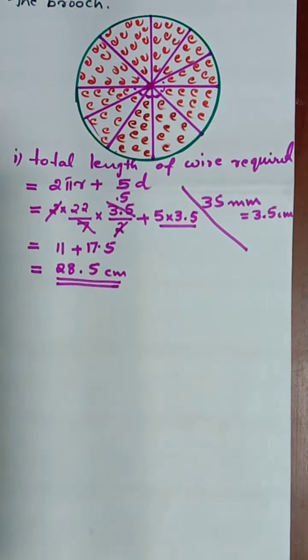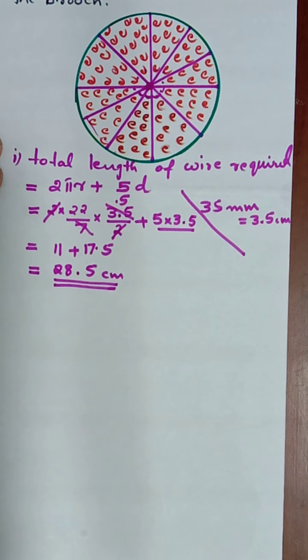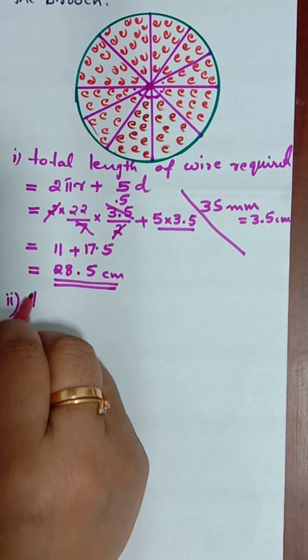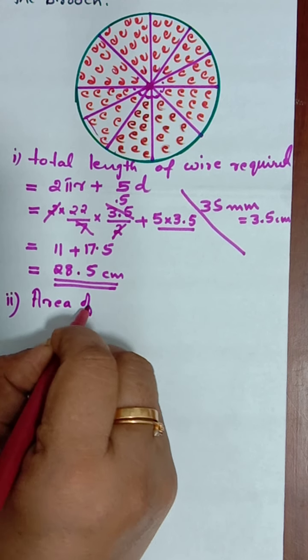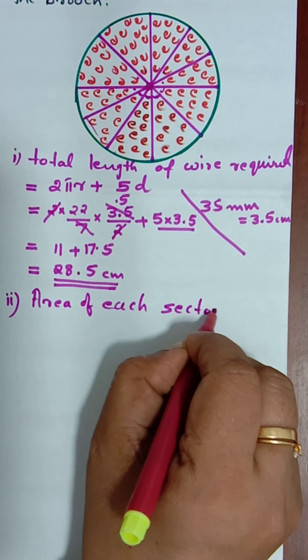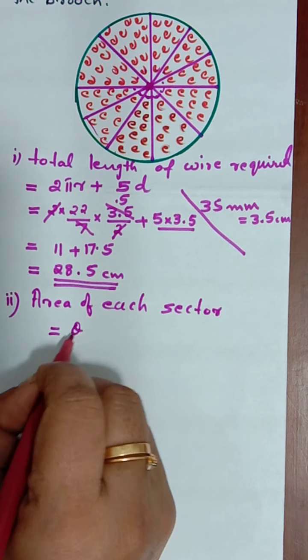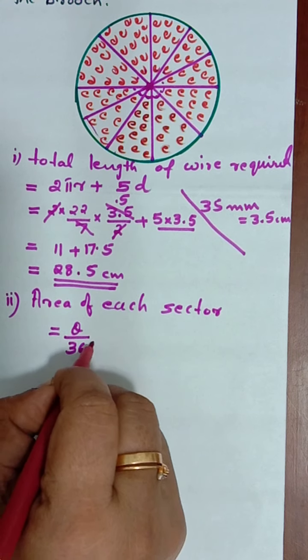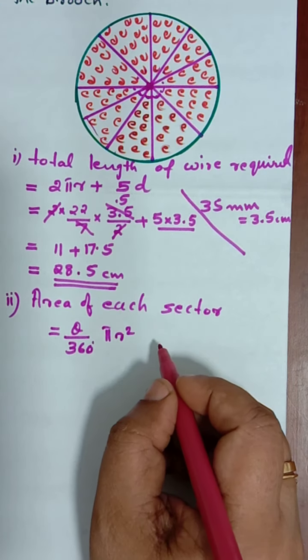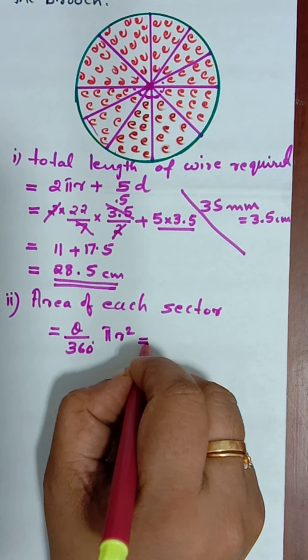So next we are going to find out area of each portion, or area of each sector. That is the second part, area of each sector. That is theta by 360 degree into pi r square. Pi value 22 by 7 they have given in the beginning of the question.